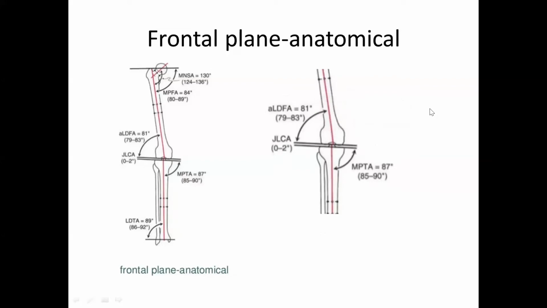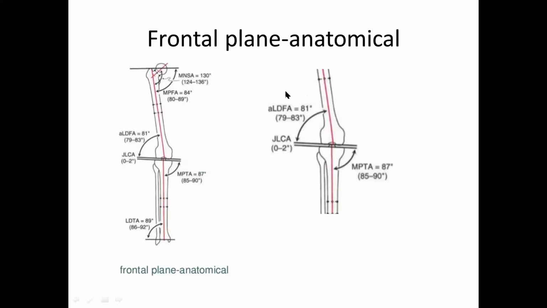When you come to the knee joint, when it is taken with reference to the anatomical axis, it is the anatomical lateral distal femoral angle, aLDFA. It is 81 degrees, as we know. Why is it 81 degrees? Now it is very obvious, because the difference between the mechanical axis and the anatomical axis is around 7 degrees.